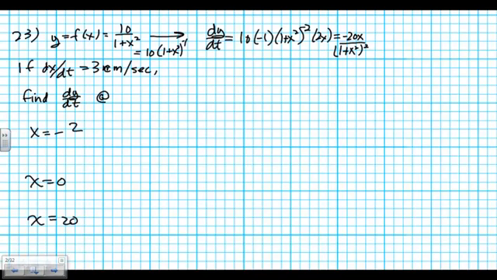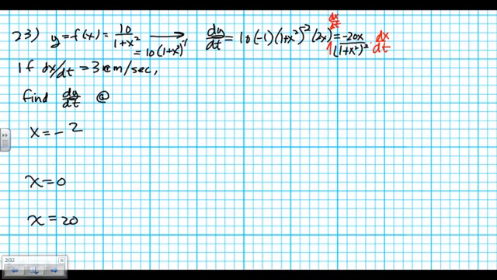Oh, I forgot one more chain rule, dx/dt, because we're not taking the derivative with respect to x, we're taking the derivative with respect to t. Alright, so negative 20x over (1 plus x squared) quantity squared, times dx/dt.